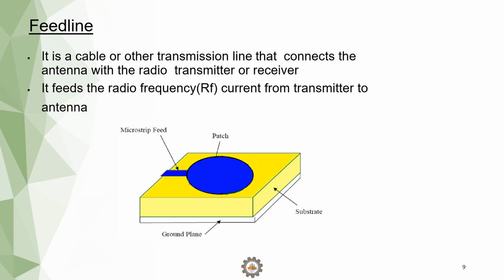Feed line: it is a cable or transmission line that connects the antenna with the radio transmitter or receiver. It feeds the radio frequency current from the transmitter to the antenna. We can observe in the above picture that the microstrip feed is given with the source, so it can transmit the radio frequency to the antenna, and the antenna radiates in all directions, and depending upon the directivity, the direction of emission of the radiation pattern changes.